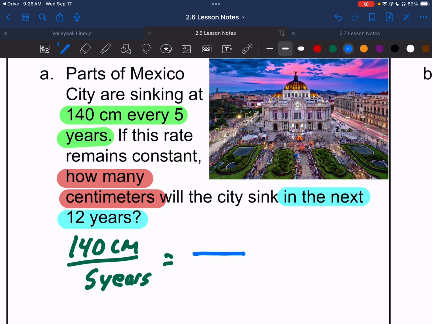So we know that we want to know how many centimeters will the city sink in the next 12 years. So I'm going to put 12 years in the denominator, and our numerator is x centimeters. So as we can see, in both of our fractions, we have centimeters over years, right? This is the relationship that we have established as what we're working with.